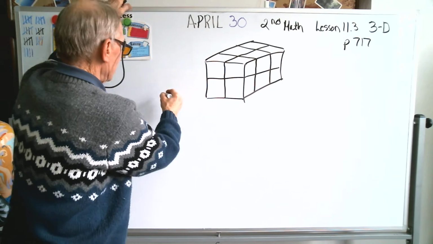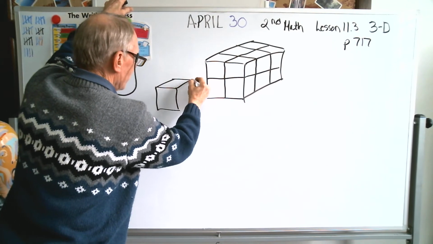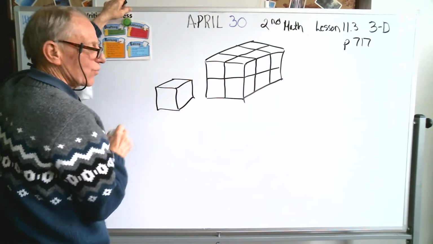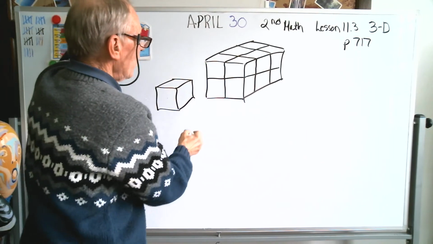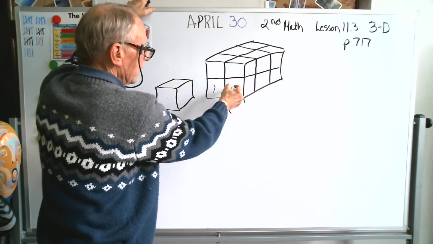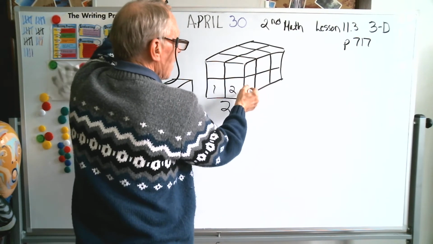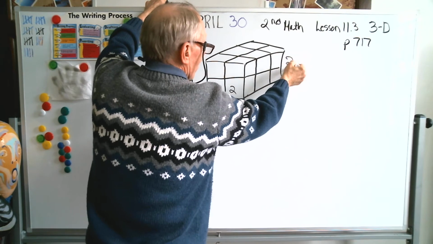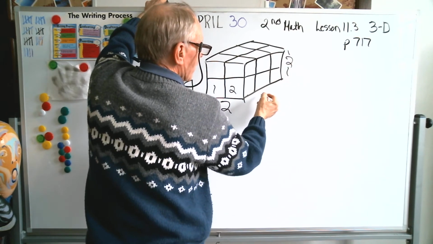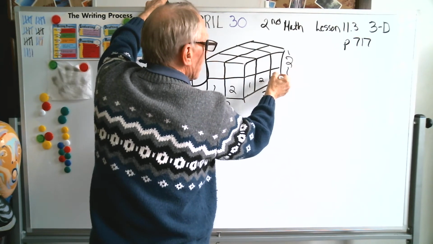And each one of those blocks looks just like this. Each one of these is one of these. So there are 2 of them here. 1, 2. And going up, there are 2 of them here. And along this dimension, there are 1, 2, 3.